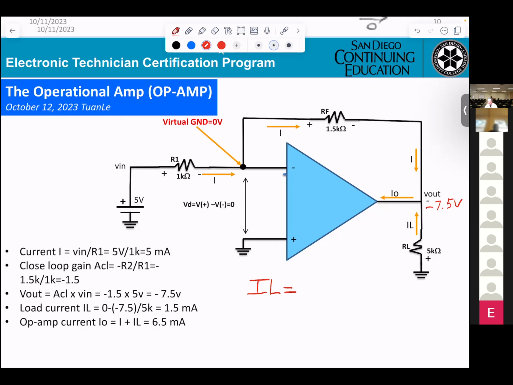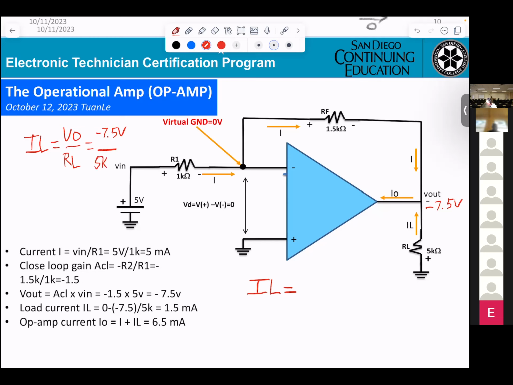If you apply Ohm's law, IL equals VL divided by RL. And you say minus 7.5 divided by 5K.